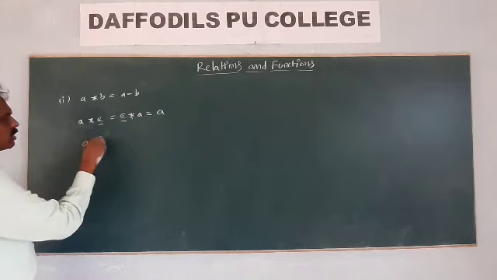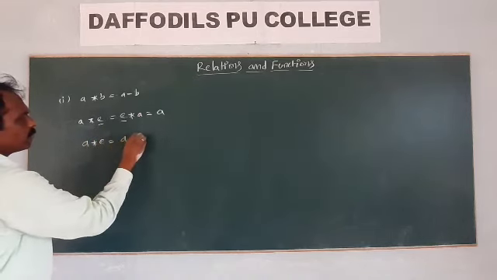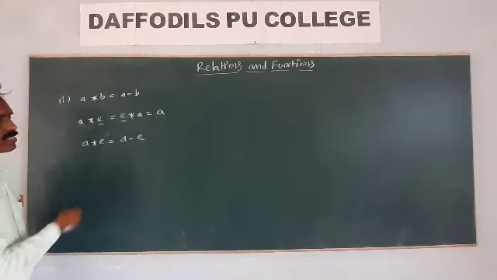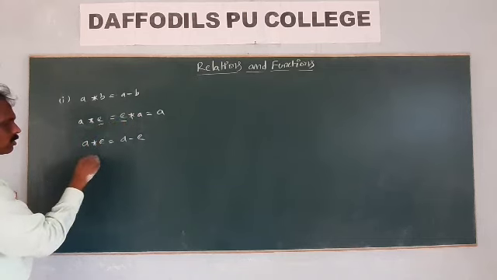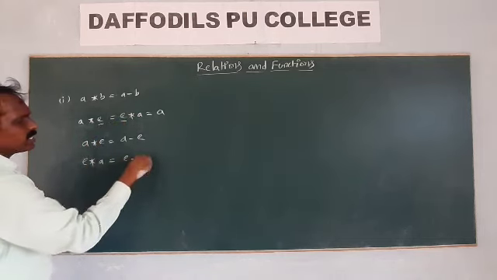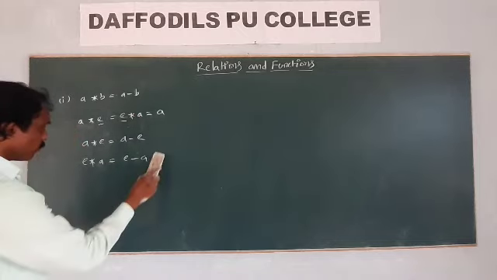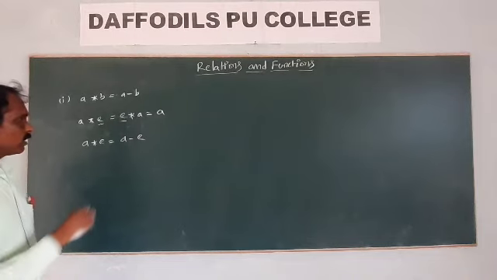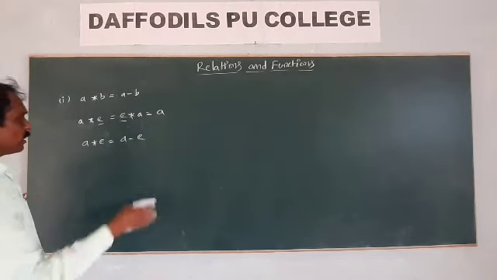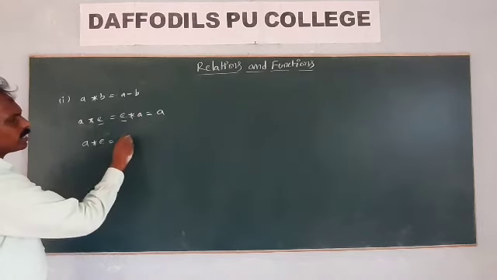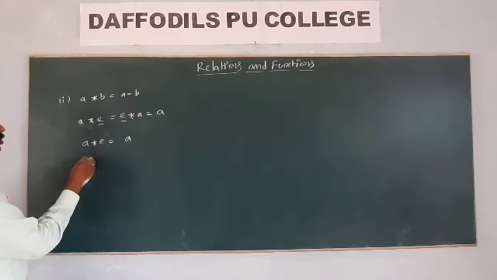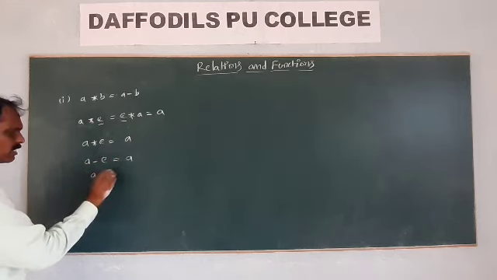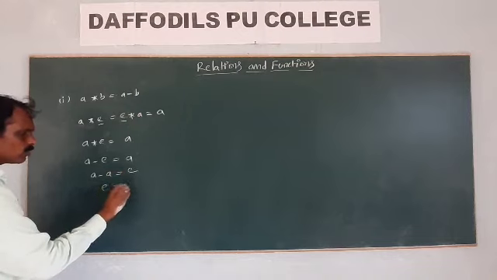Clear? So identity means same answer. Suppose we take A star E, what is the meaning? A minus E. It is not equal to A. Or take this one, E star A is equal to E minus A. This also is not equal to A. For example, A star E is equal to A minus E is equal to A. Taking E to that side, A minus A is equal to E, E is equal to 0.